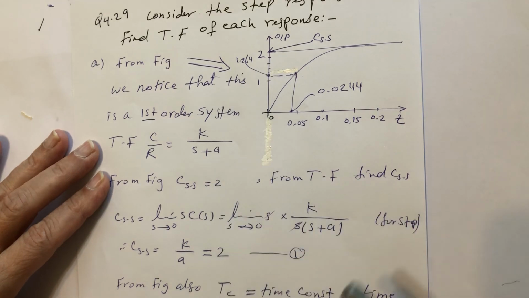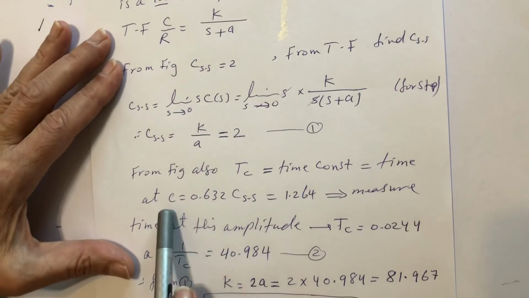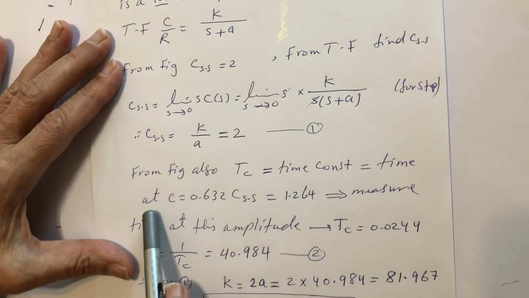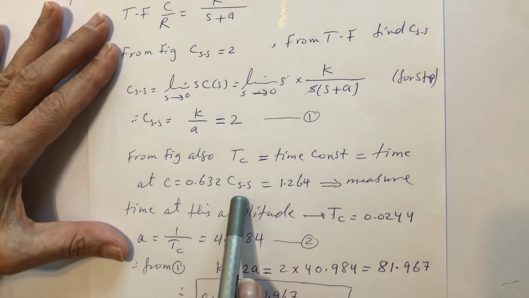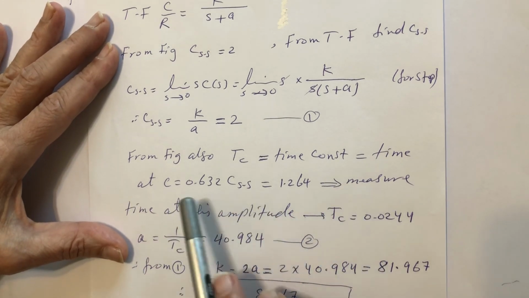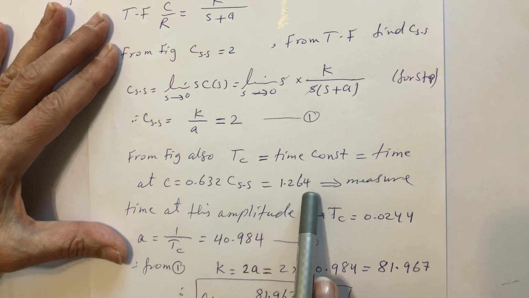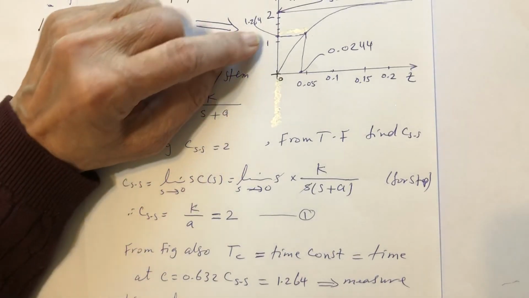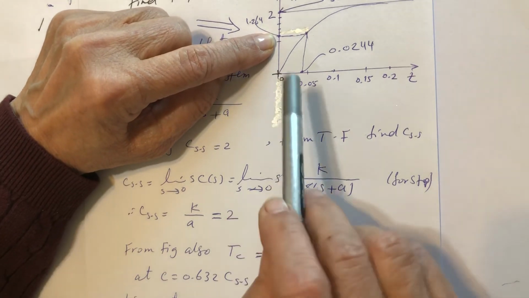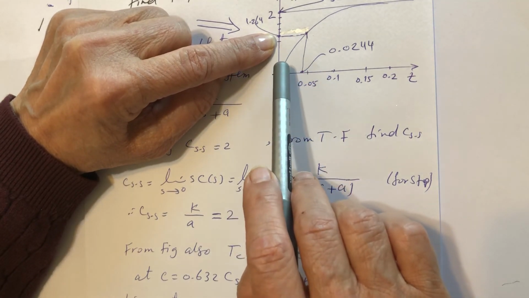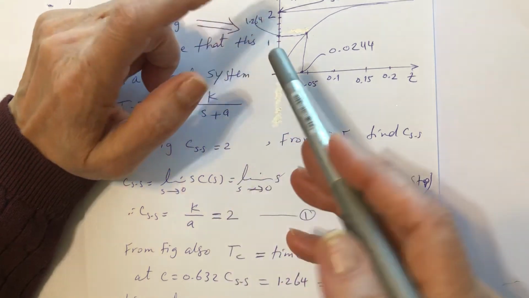So I take the steady state value 2 and multiply it by 0.632. You remember, the time constant is the time at which C equals 0.632 C steady state. So 2 times 0.632 is 1.264. I go to the figure, put 1.264, and go down. Of course, it's difficult to show you exact numbers because they are just figures.